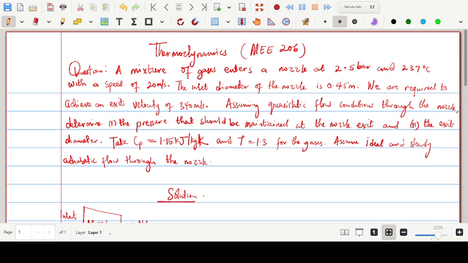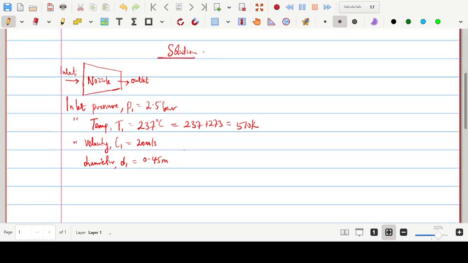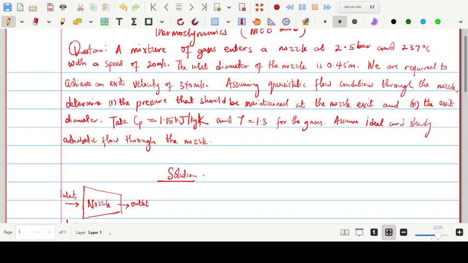The inlet diameter of the nozzle is 0.45 meter. Inlet diameter, you can call it D1, 0.45 meter. It's in SI units. Now we are required to achieve an exit velocity of 340 meters per second.